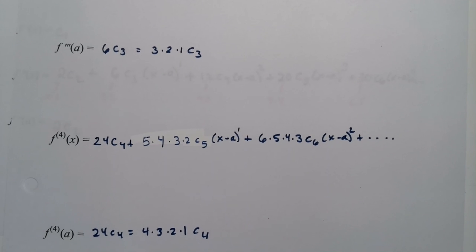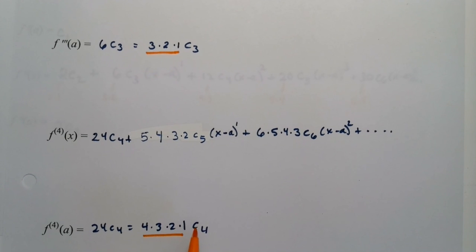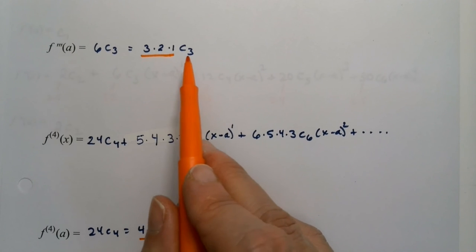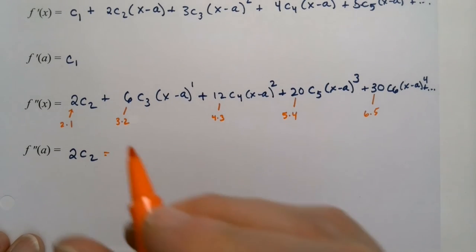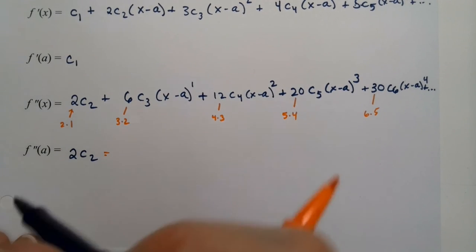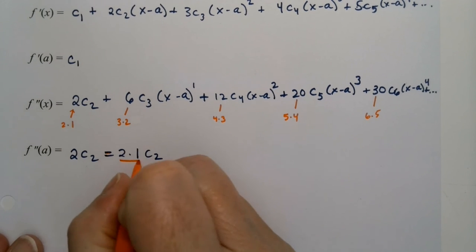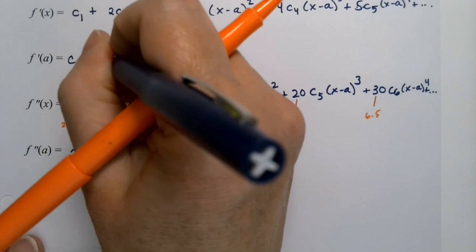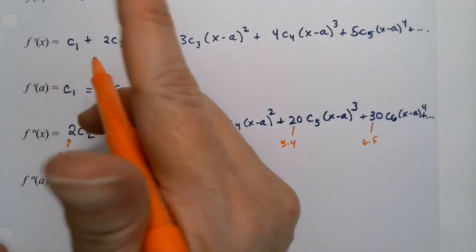And it would continue on like that. So obviously I'm shooting for a pattern here. There's something going on, right? Which is that there's a pattern to these coefficients. So this one's 4 times 3 times 2 times 1 c4. This one's 3 times 2 times 1 c3. If I go back, 2 is 2 times 1 c2, right there. And then this is 1 c1. And you might think, oh, it doesn't have that pattern here.